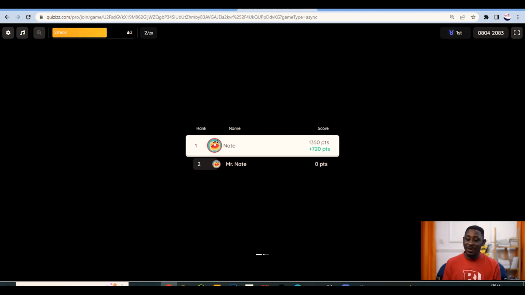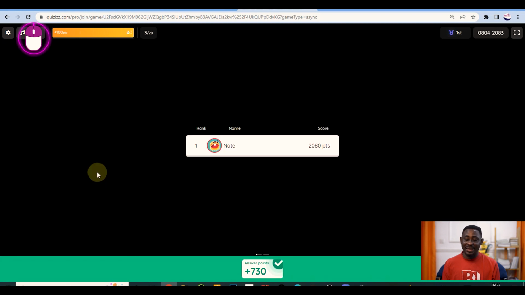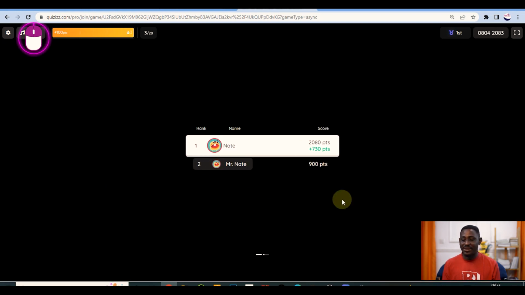Let's move to the next question, which says, Melvin just made a drawing of his dream house using the Paint application on his computer, and he wants to have it in hard copy. What device will he use to do this? A printer. Yes, a printer is correct.